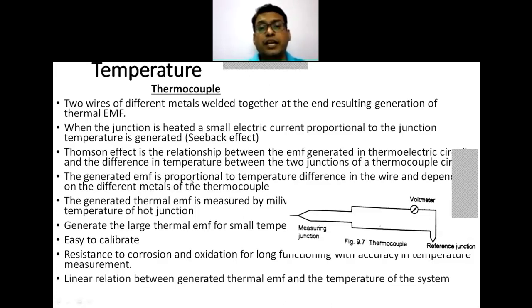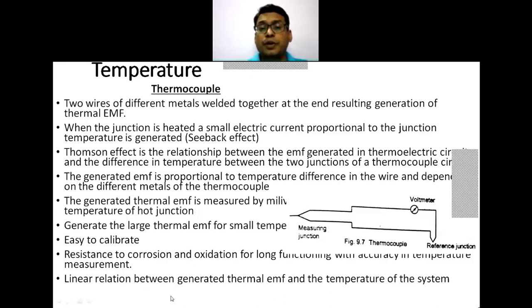So the generated EMF is proportional to the temperature difference in the wire and depends on the different metals of a thermocouple. So the larger the EMF for smaller temperature difference, and this can be easily calibrated. Then there is a resistance to the corrosion and oxidation for longer functionality and accuracy of the temperature measurement, that is what is needed.